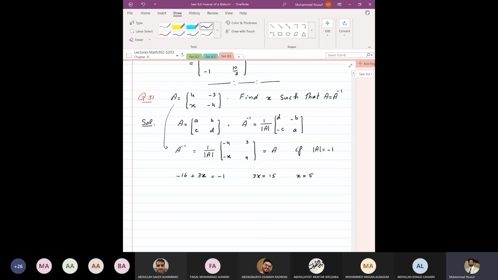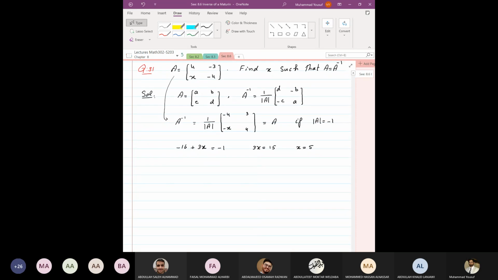So when we look at the signs of the elements inside, we see that there should be a negative outside, and also there is no quotient. So outside should be negative 1, not negative 1 over 2 or 1 over 3 or so on.